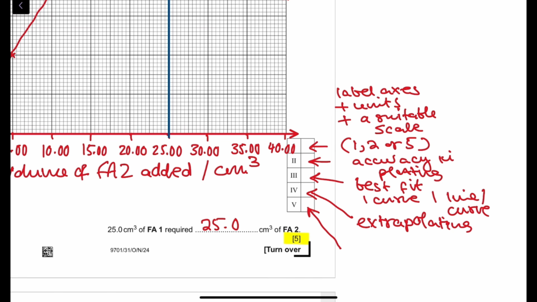And the fifth marking point was for finding the correct volume to 1 decimal place. And that is because we've used our volume of sodium hydroxide to 1 decimal place. So it's only right to use our volume for our sulfuric acid to 1 decimal place as well.